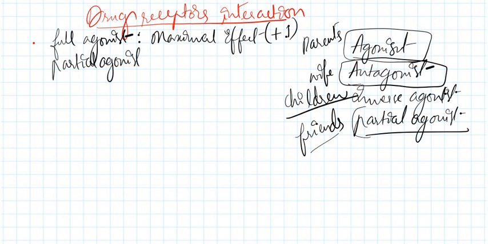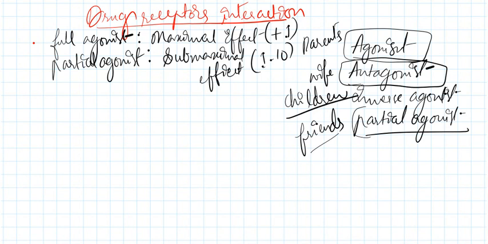Partial agonist shows submaximal effect, a little positive effect, that is from 0 to 1, plus 1 to 0.